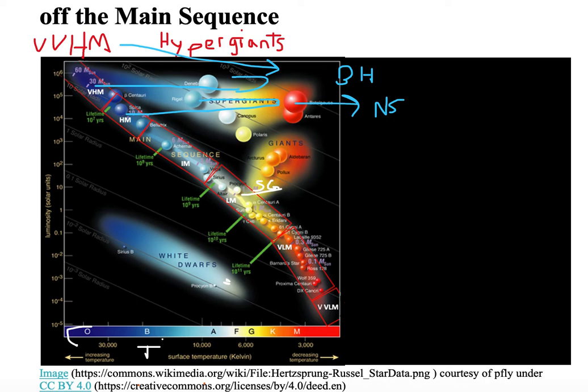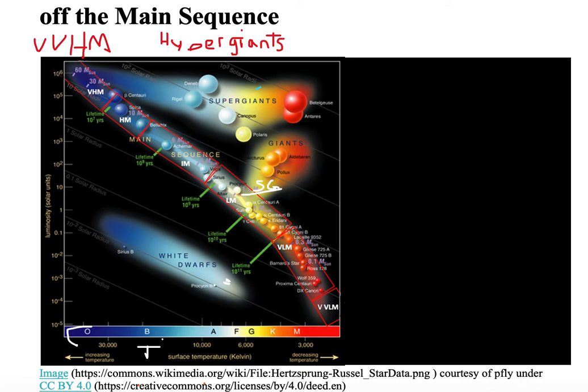Now, one thing that is different for both high mass and low mass is that the giant stars of the low mass do not evolve into supergiants.